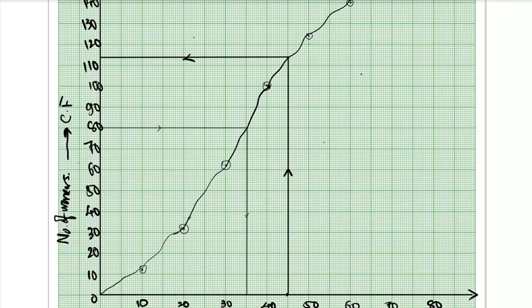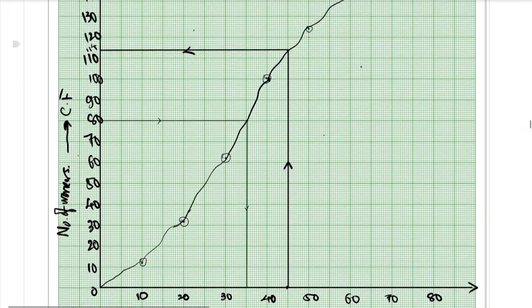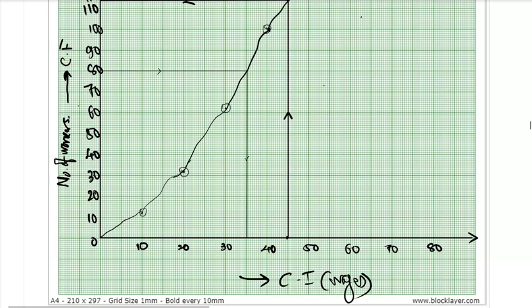It is meeting on a point which is the fourth line above 110. So it is 114. What does this 114 signify? 114 signifies that 114 workers have wages below 45. I'm just going to mention that over here.